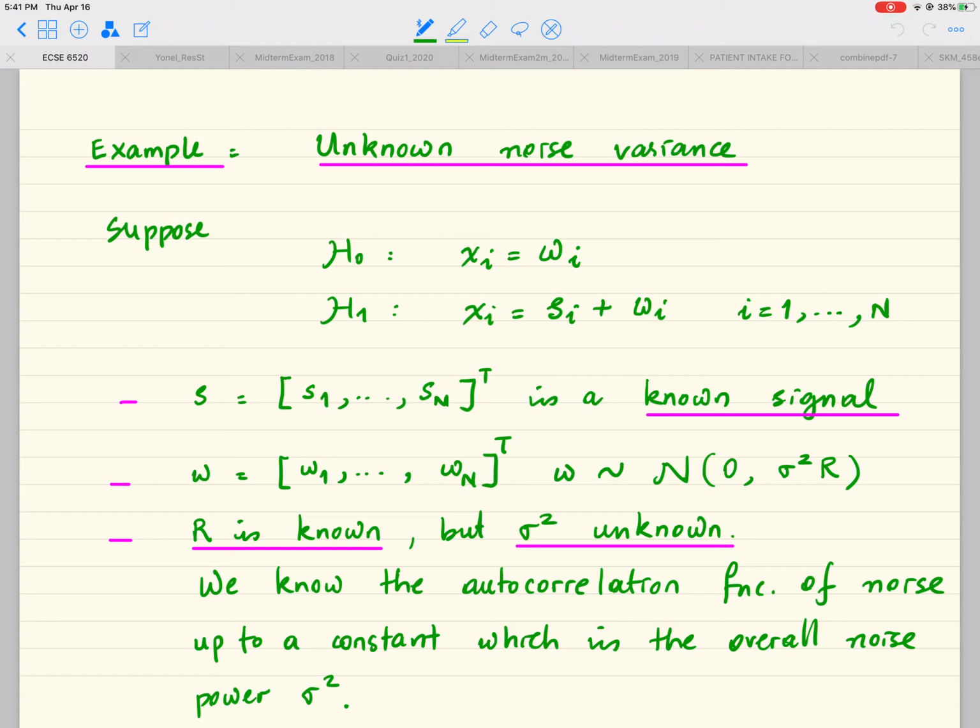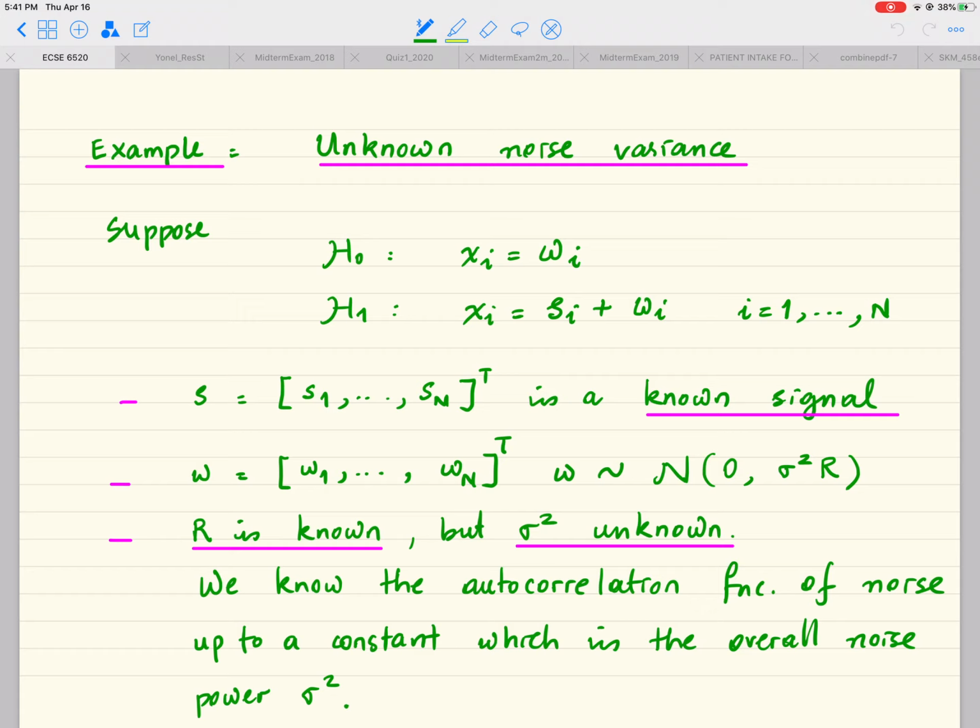Okay, so let's look at an example. A classic example where CFAR tests are desired is the signal present, signal absent problem. So we are observing X sub i, and X sub i may be simply noise, or it may be the signal plus noise.